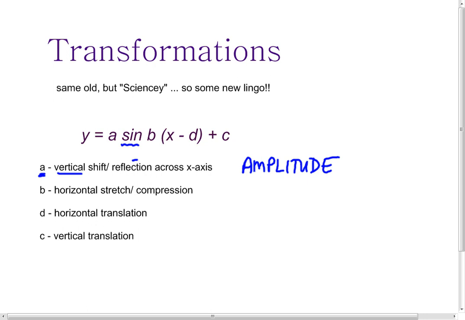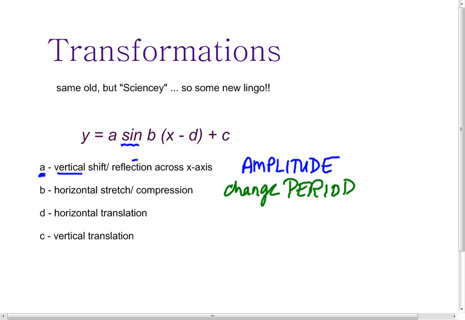So if a is a large number, you have a large amplitude. If a is a fraction, you have a vertical compression, so you would have a very small amplitude, less than 1. B is a horizontal stretch or compression, and we can still think of it in those terms, but your horizontal stretch or compression is going to change the period, or how long it takes to do one full cycle.